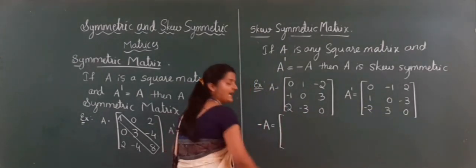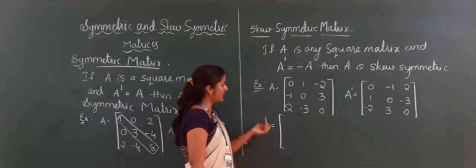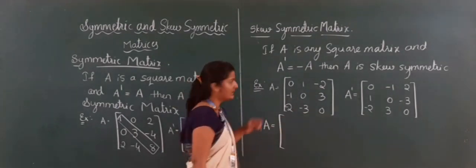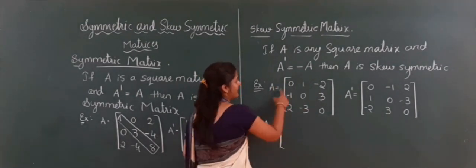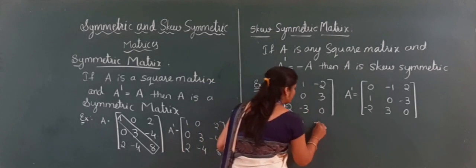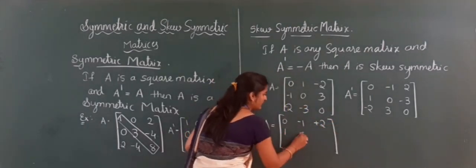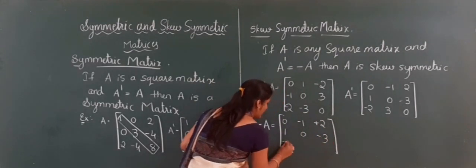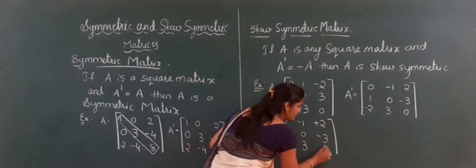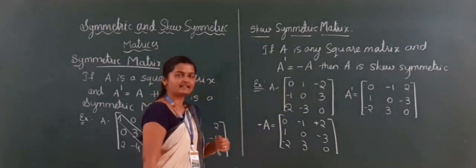So for that I will find out the minus A. Minus A means I have to multiply a minus sign to all the elements of matrix A. So I will multiply by minus: minus into 0 is 0, minus into 1 is minus 1, minus into minus 2 is plus 2. Next, plus 1, 0, minus 3, minus 2, plus 3, 0. Now, can we say that A dash is equal to minus A?